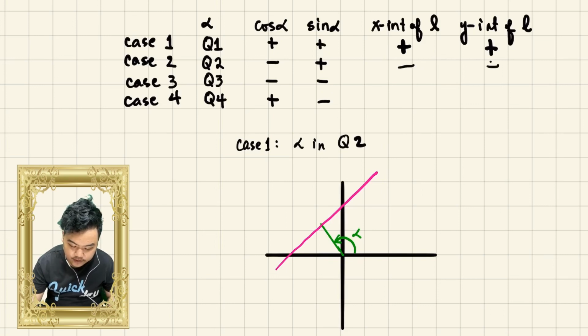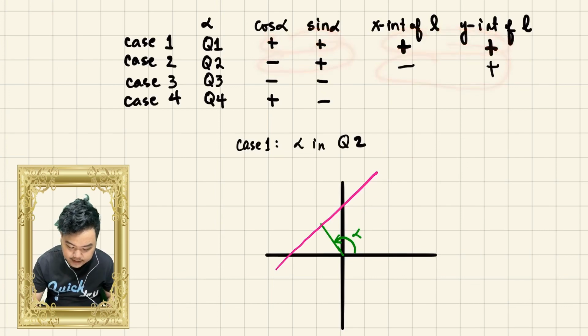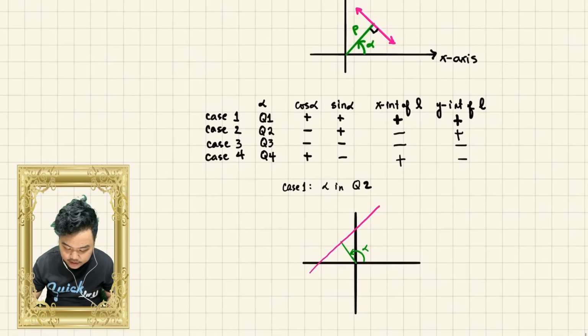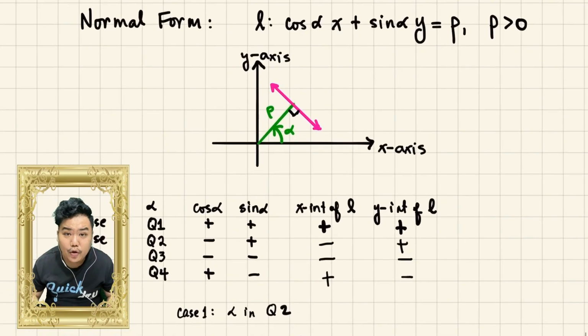And as you can observe, pareha siya dito, no? Actually, nag-a-apply sa lahat yan, sa lahat ng rows. So, ang moral ng story nito ay, kapag naka-normal form daw yung line mo, yung sign nung coefficient ni x, yun din yung sign nung x-intercept.